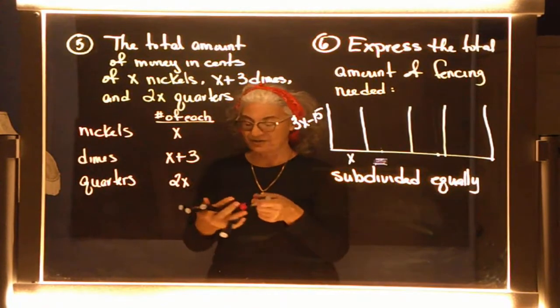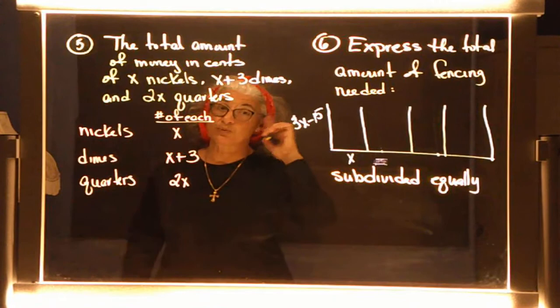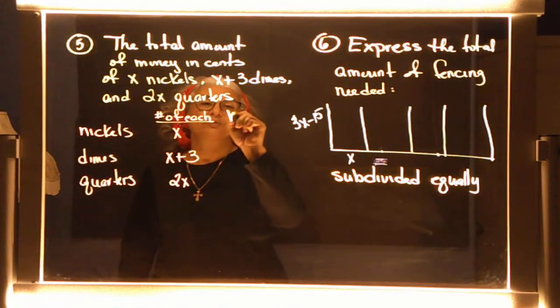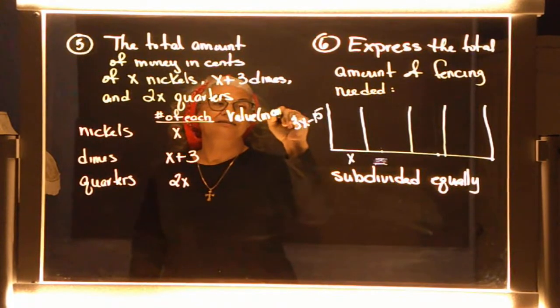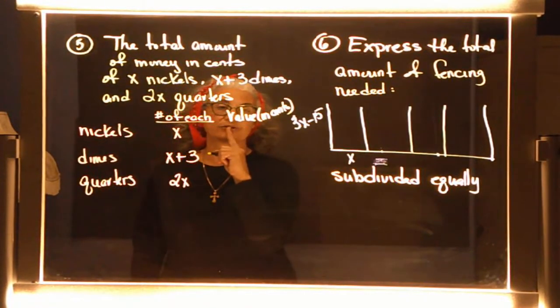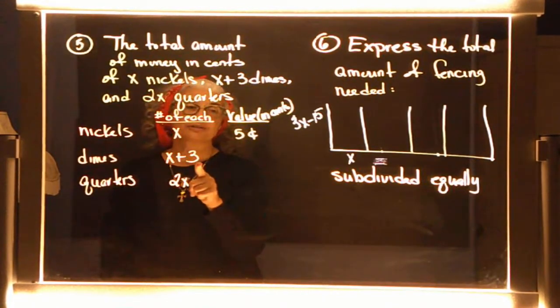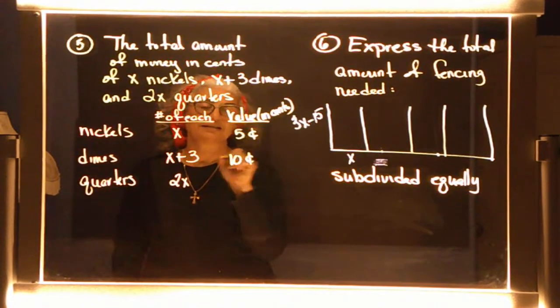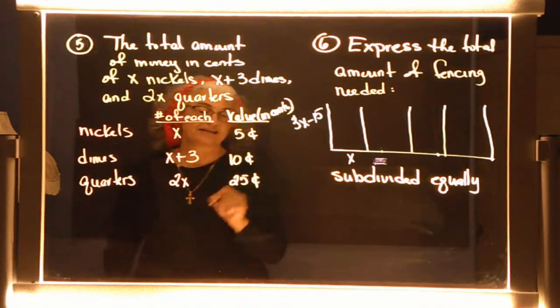Okay, now here's a column that they didn't give us, but we know and we need to write. We need the value in cents of each of these. So a nickel is worth 5 cents. A dime is worth 10 cents. And a quarter, 25 cents.